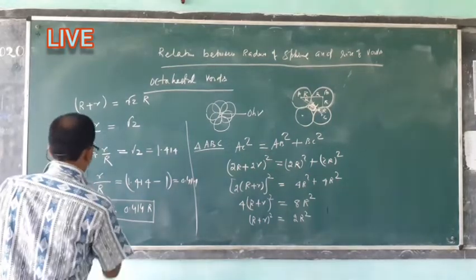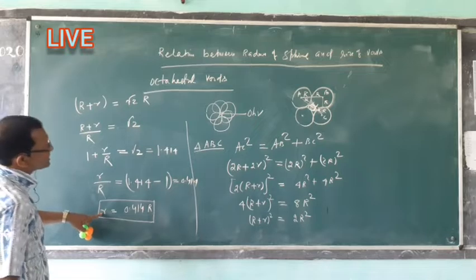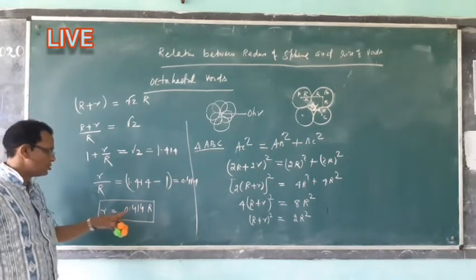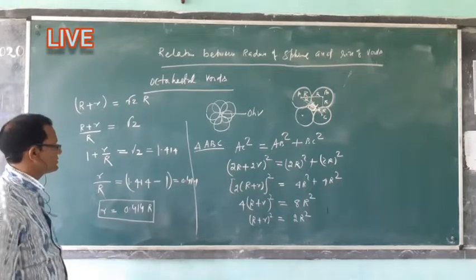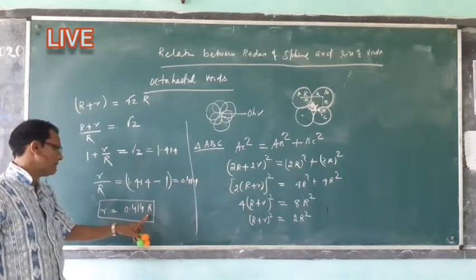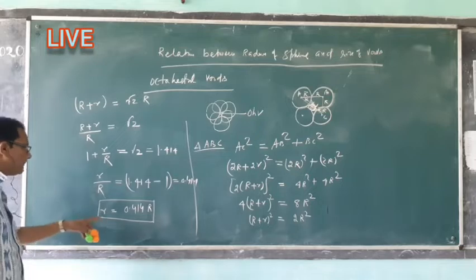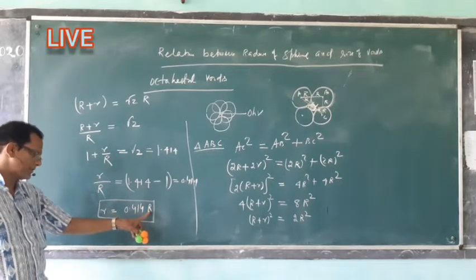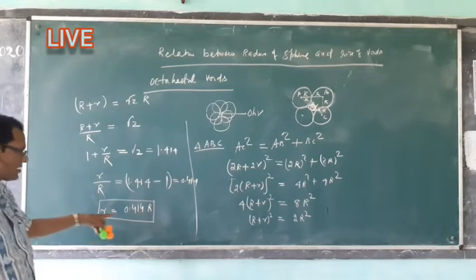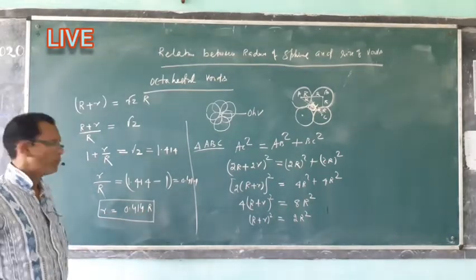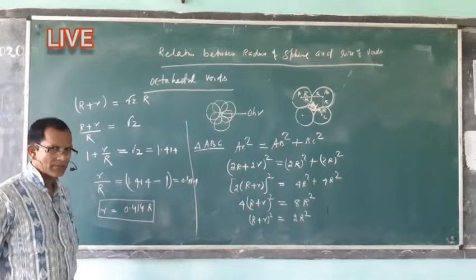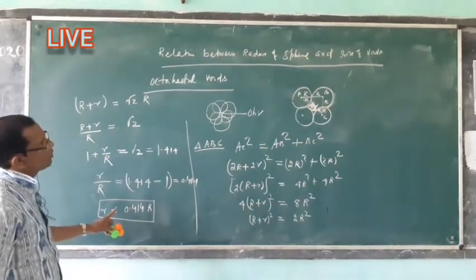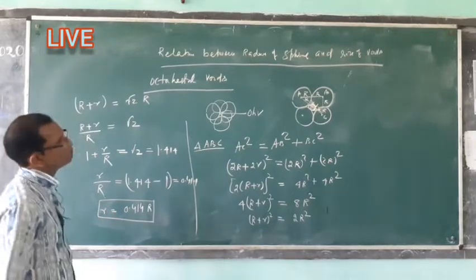So the radius or size of the void is 0.414 times the radius of the sphere. That means the size of the void is smaller than the radius of the sphere, by how much? 0.414 times. Then this is for octahedral voids.